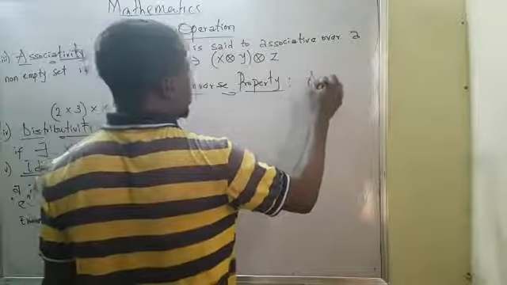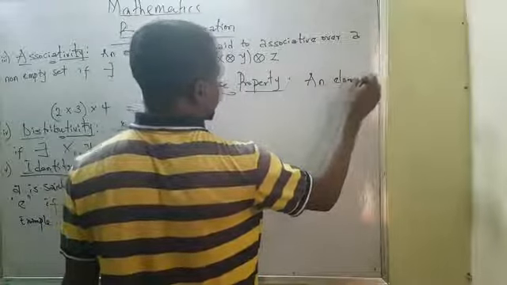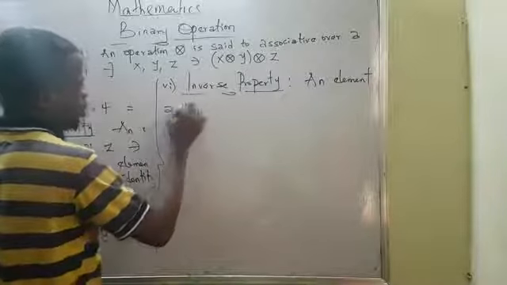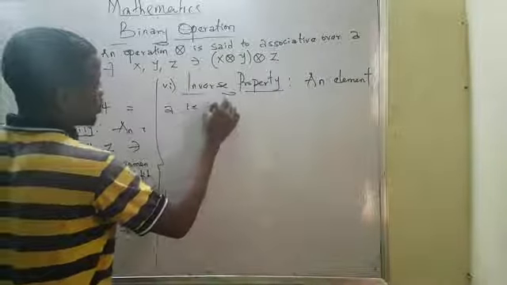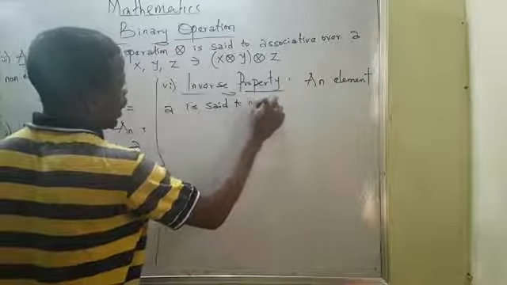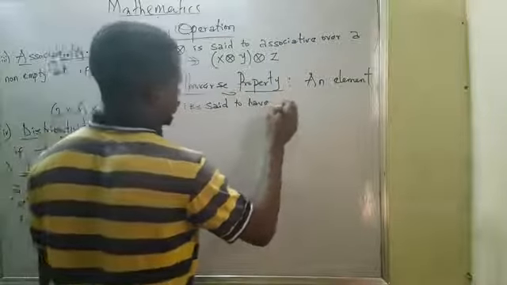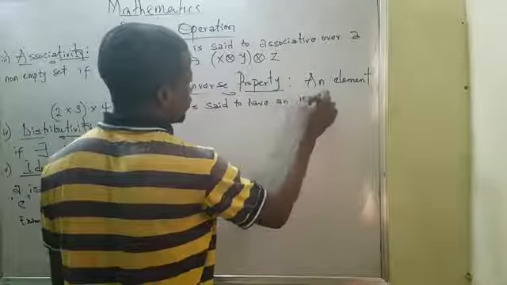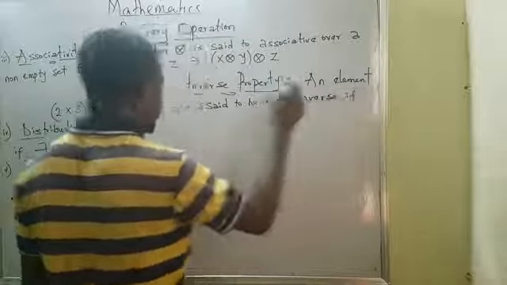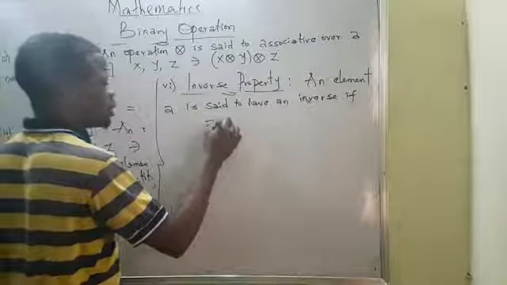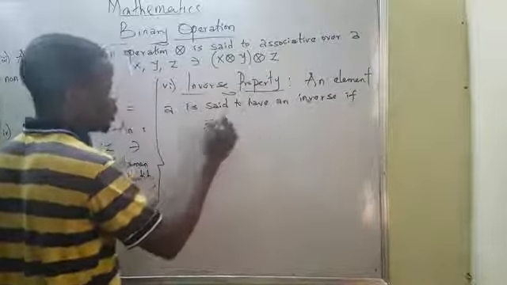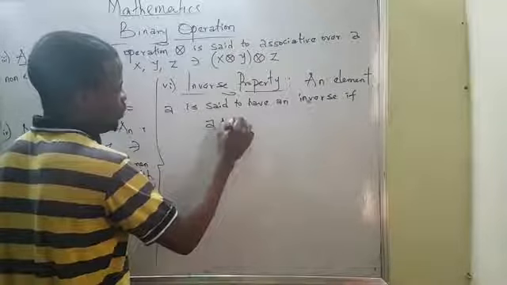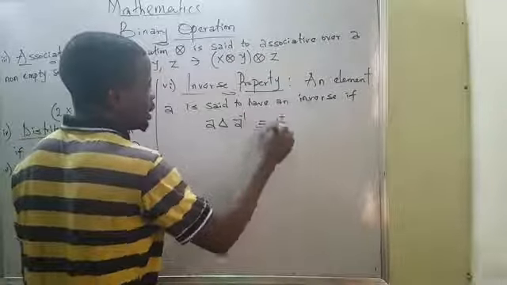An element A is said to have an inverse if A operates its inverse to give you the identity.